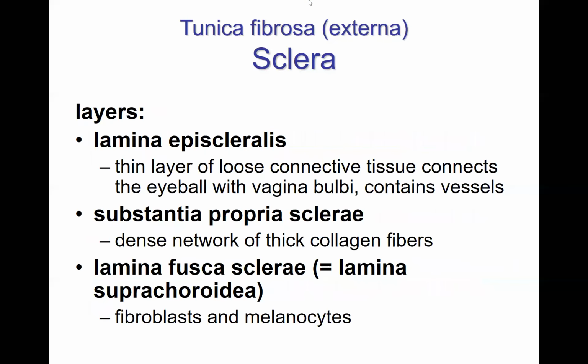And there are 3 layers. The layers are very easy. We have some proper substance, which is the dense connective tissue. And we have something externally and internally. Externally, we have a structure called episcleral lamina. It's not a dense connective tissue, but it's a loose connective tissue.